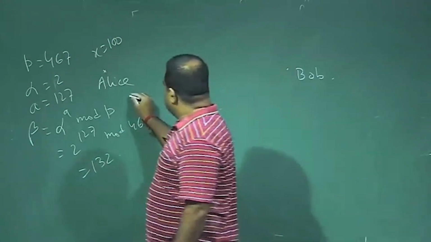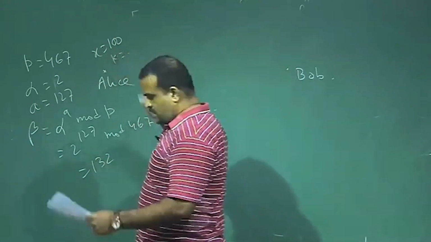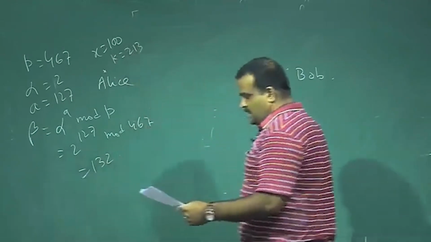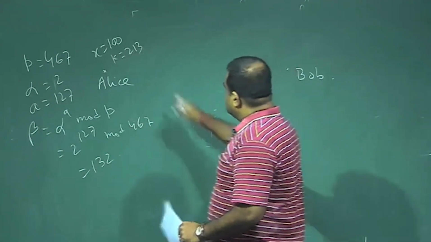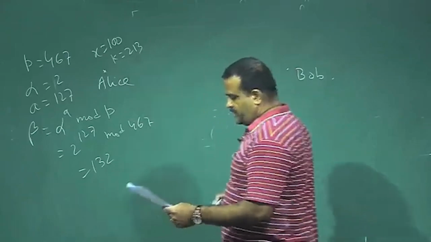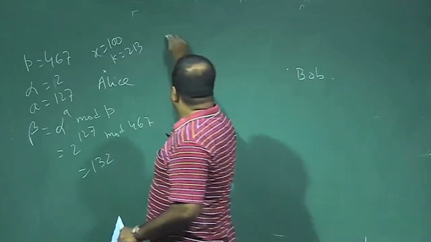Suppose Alice wants to sign a message which is 100. Now, Alice has to choose a k which is a random number. So, Alice is choosing this k. This k has to be chosen such that it has an inverse, so you have to take care of that also. Now, Alice is computing gamma.